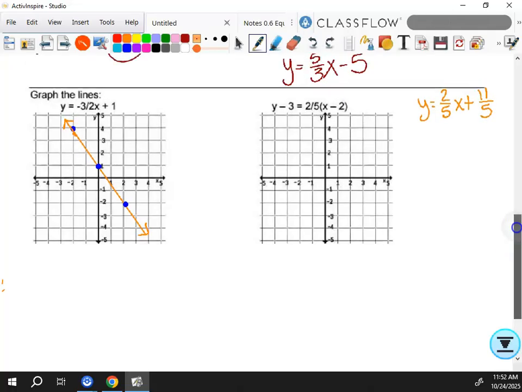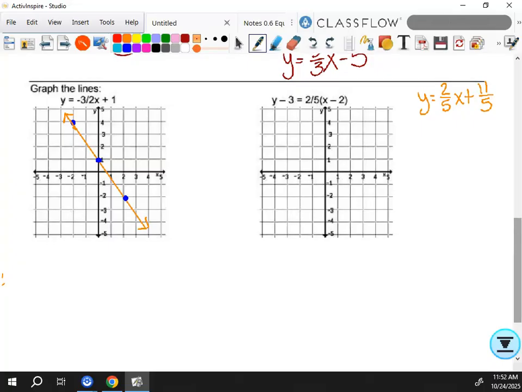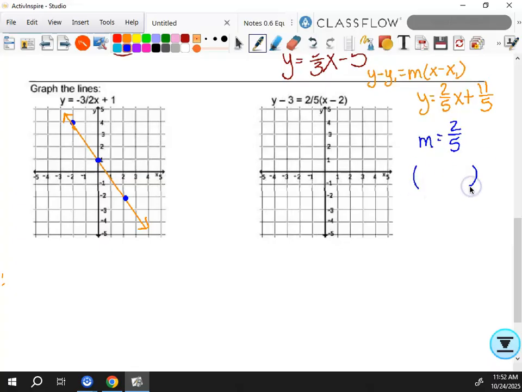So instead, I want you to think about what we have here. And this is in the form of y minus y1 equals m times x minus x1, right? So what is my slope on this line? 2/5. Give me a point that's on that line.